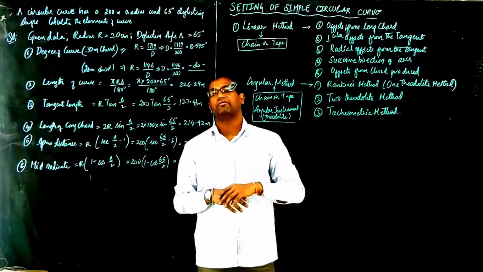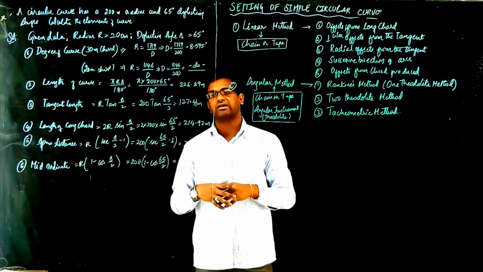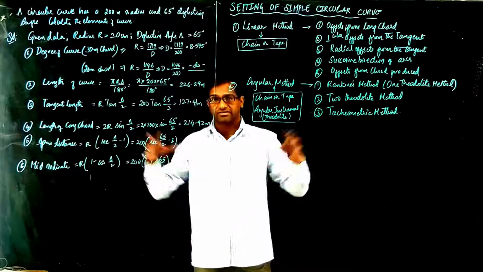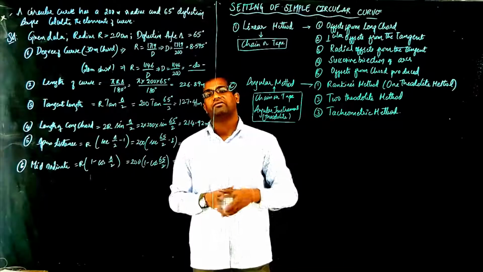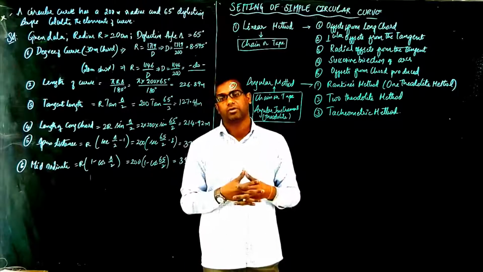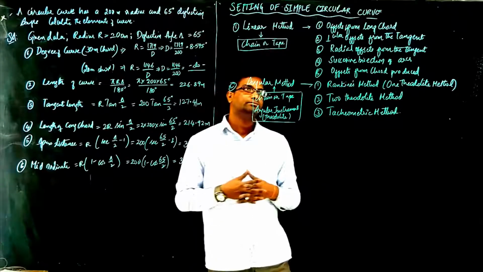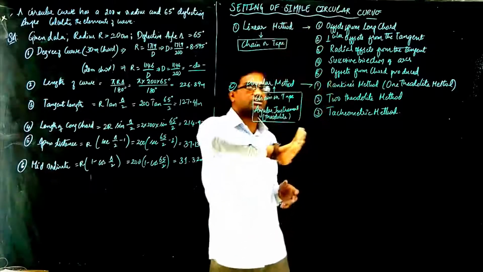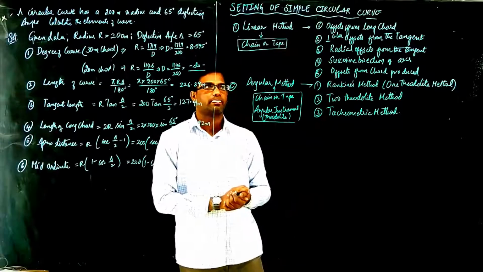When the radius of the curve is large, then we will go for the angular method, even for compound curves. We have five methods in the linear method.